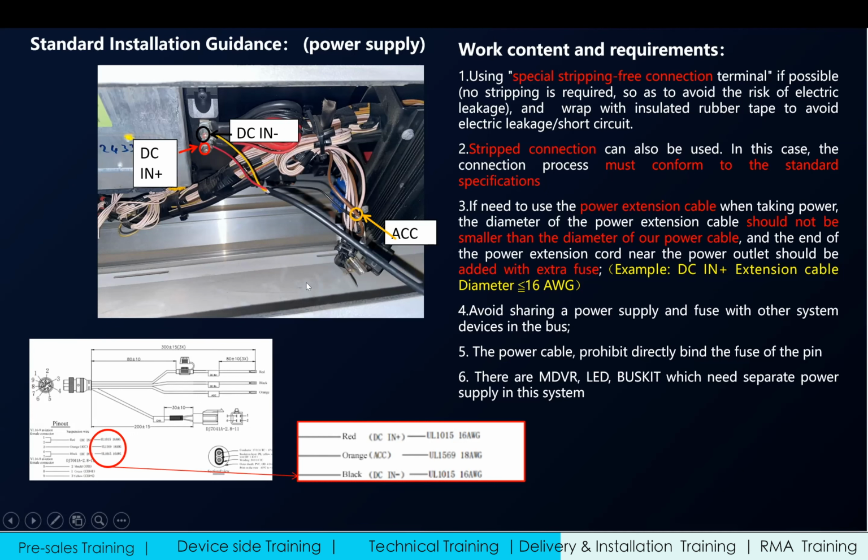You need to use the multimeter to find the DC in plus, finding the vehicle power directly. And second, you need to use the multimeter to check the ignition signal. The difference between these two is that for the power cable, the red one, whether you switch the ignition on or off, the power is always there. The voltage is always there, like 12 volt or 24 volt.